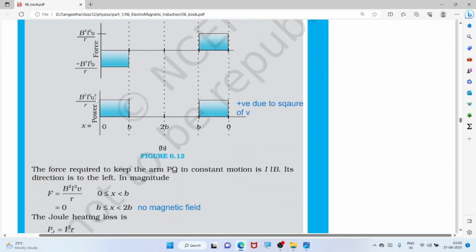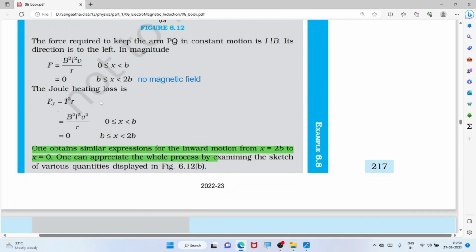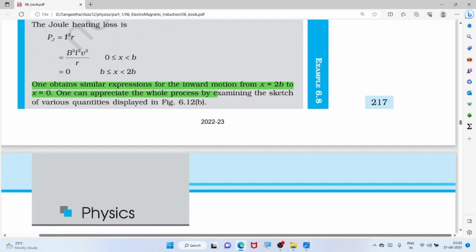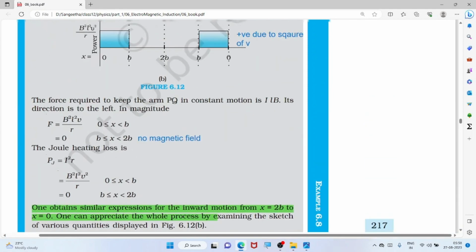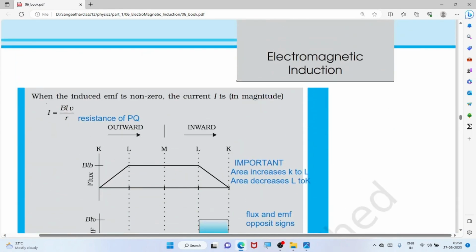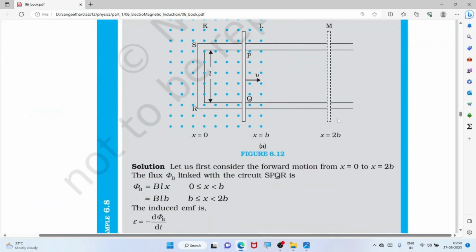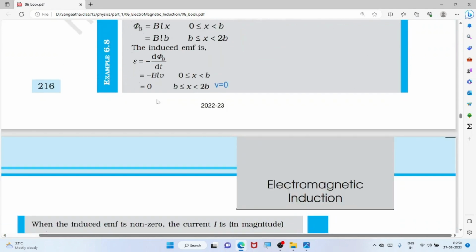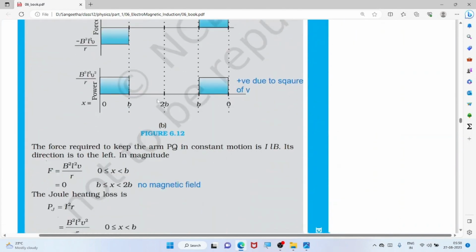Here, because of this v square, we get a positive value only, no negative because it is square. You can try moving in the opposite direction, after you moved to this place, then try moving this conductor up to this point and draw the graph like this.